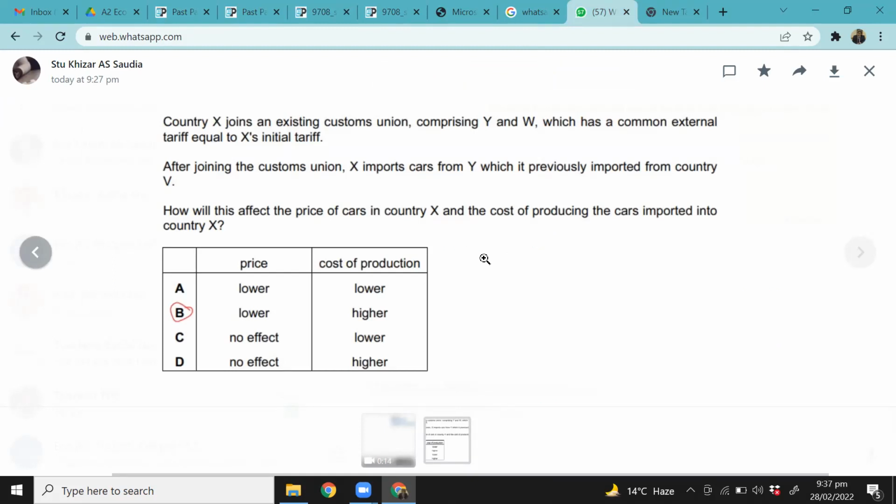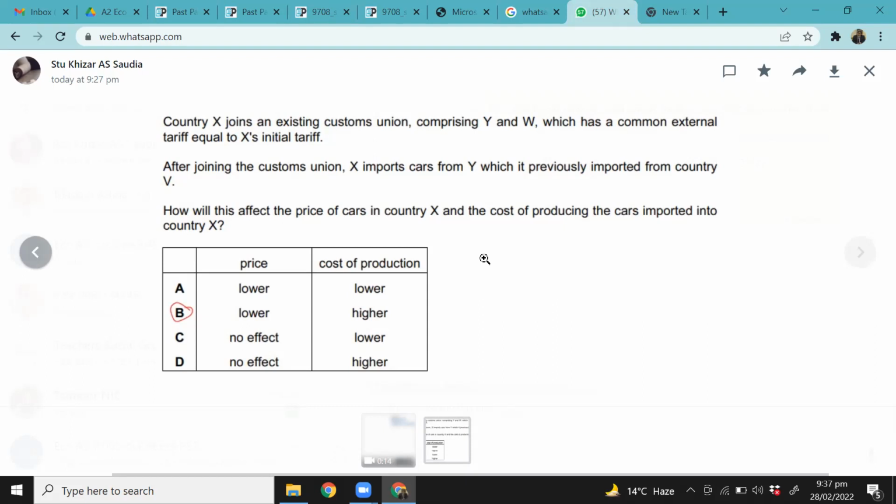Country X joins an existing customs union comprising Y and W, which has a common external tariff equal to X's initial tariff. After joining the customs union, X imports cars from Y, which it previously imported from country V. How will this affect the price of cars in country X and the cost of producing cars imported into country X? So, common external tariff.